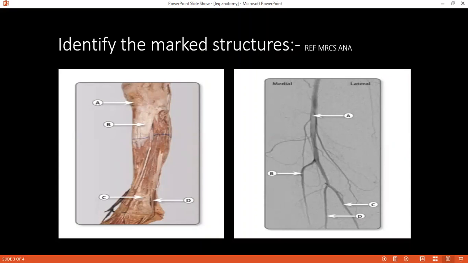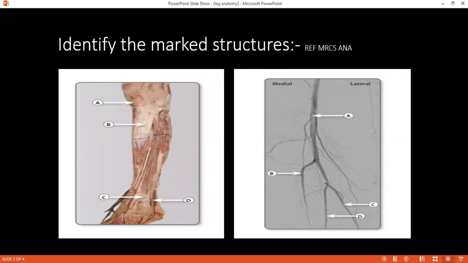The saphenous nerve passes behind the medial malleolus and supplies the medial and the inner aspect of the leg. Good, very good. And what about the sural nerve? Sural nerve supplies the posterior half of the leg, that is the shin, supplying over the calf muscles and the lateral part of the sole and the foot.